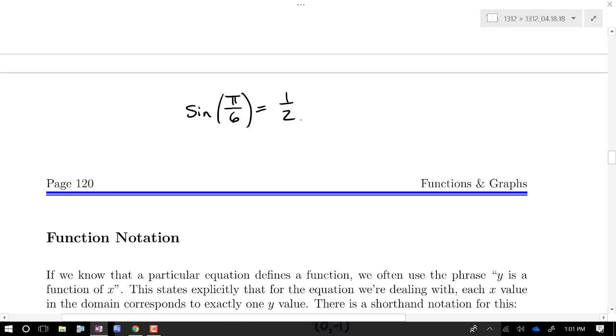I'm just calling the function sine. In general, in the abstract, we could call the function anything, and a lot of times for a general function, we'll just call it the function f or h or g. The way we say this is sine of pi over 6. We have that same kind of language used for any function notation.